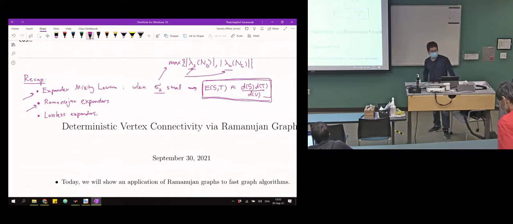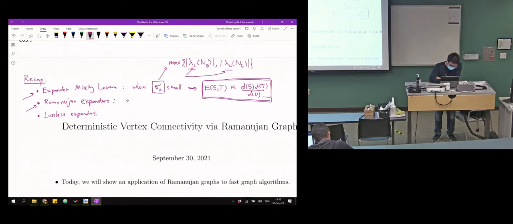Can someone remind me what this is? Yeah, it's a D regular graph such that sigma 2 is smallest possible, which is something like this.